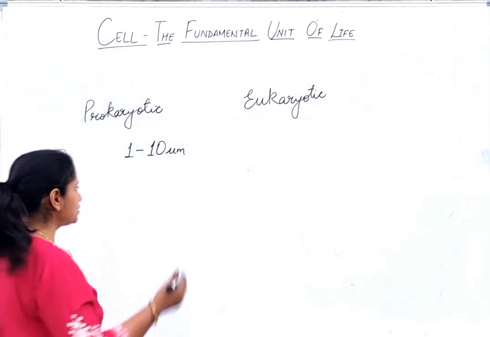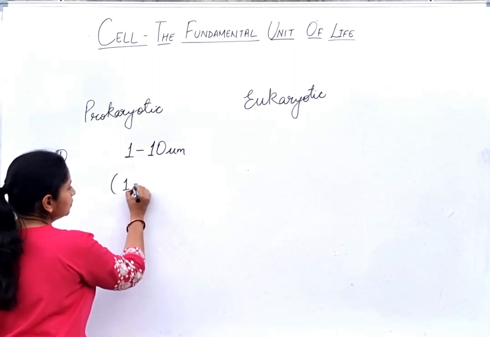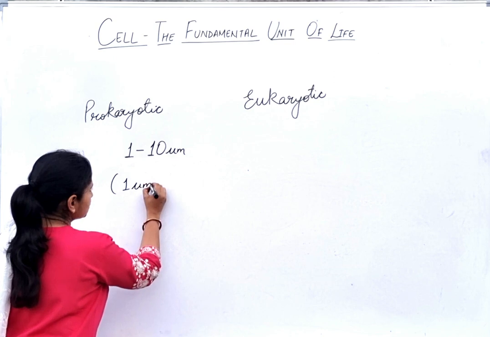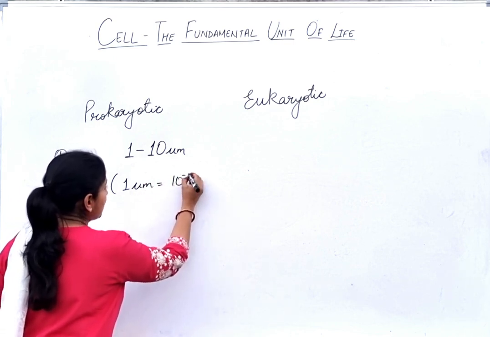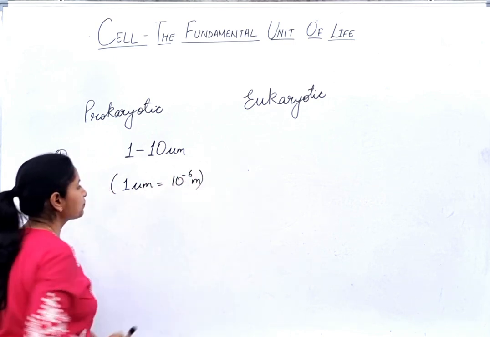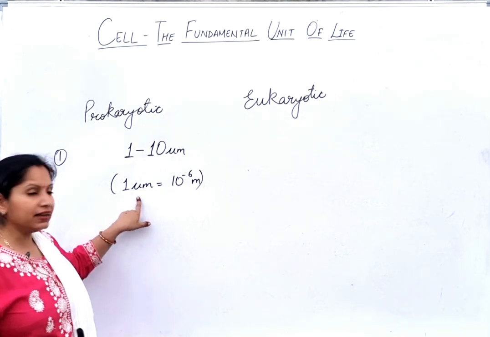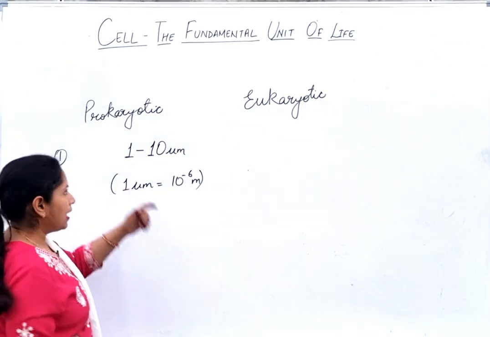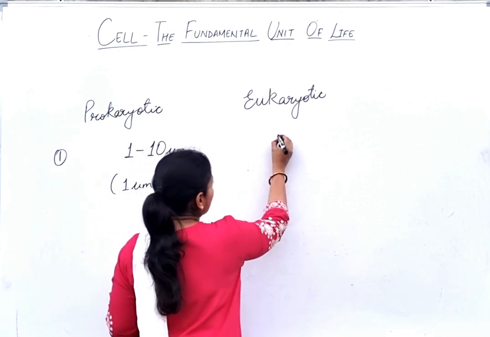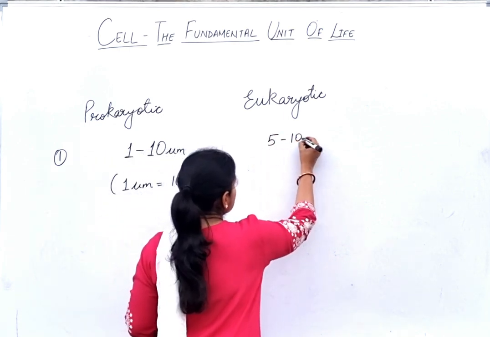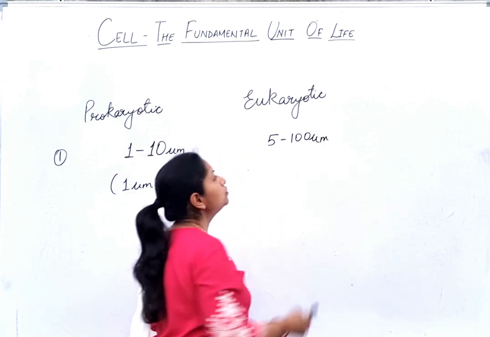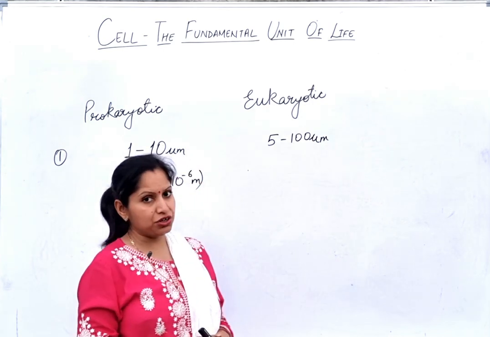What is a micrometer? 1 micrometer means 10 to the power minus 6 meters. Wherever the word micro is there, that refers to 10 to the power minus 6. And in the case of eukaryotic organisms, the size of the cell is approximately 5 micrometer to 100 micrometer.